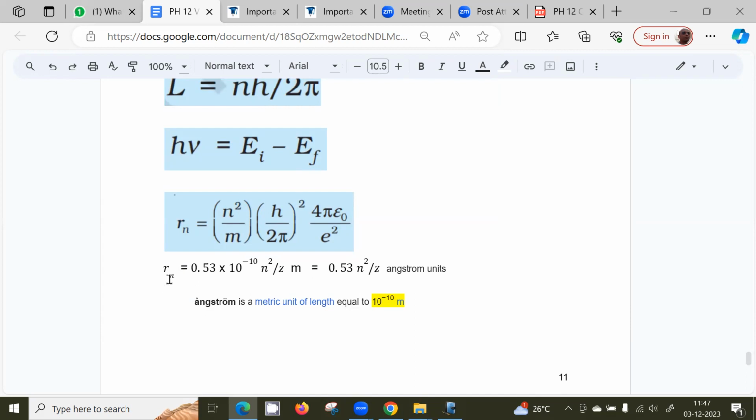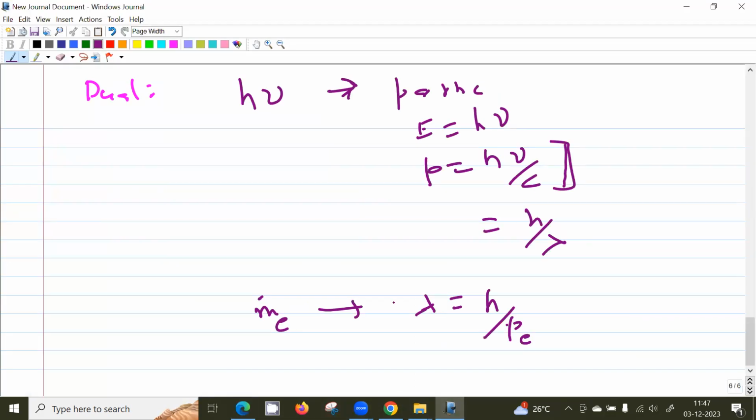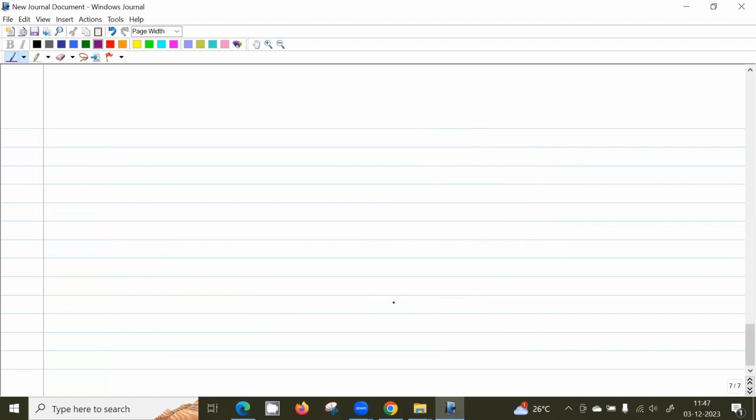This same formula can be applied to hydrogen-like atoms. Hydrogen-like atom means I can increase the charge of the nucleus with only a single electron. So the nucleus, instead of having a single proton, can have Z protons, and there is only a single electron. If there are multiple electrons, it's complicated because there will be repulsive force between them.